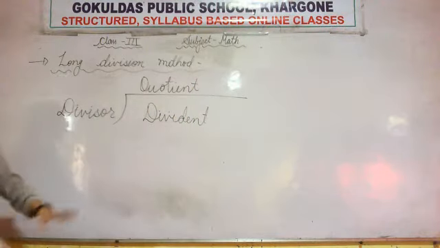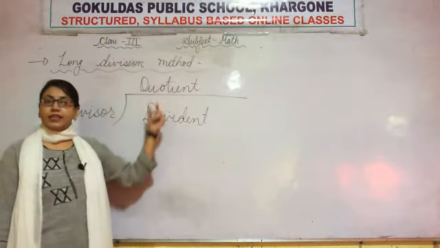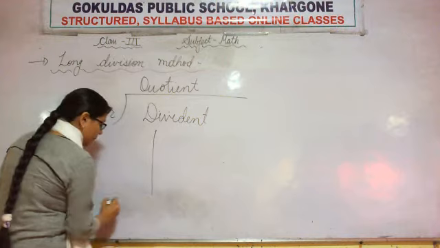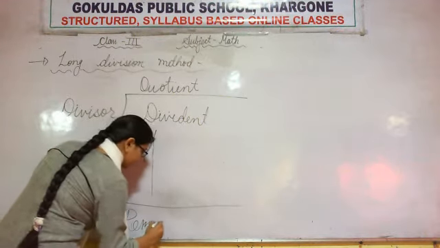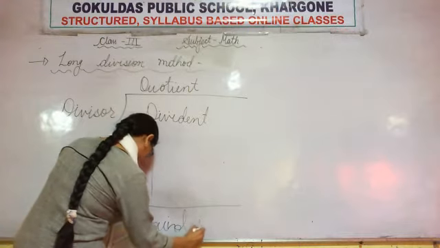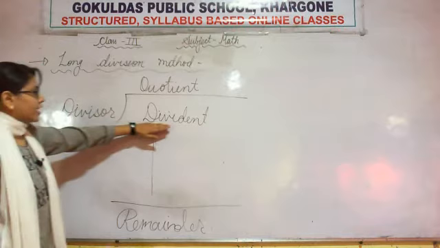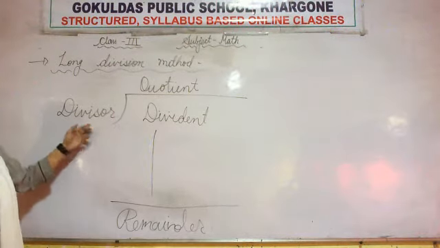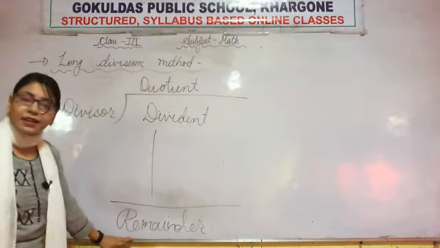Okay students, here dividend, divisor, quotient. And after solving, at last we will get the remainder. Here we will write the dividend and here we will write the divisor. Here the quotient, and at last we will get the remainder.